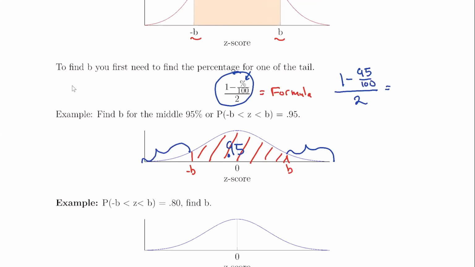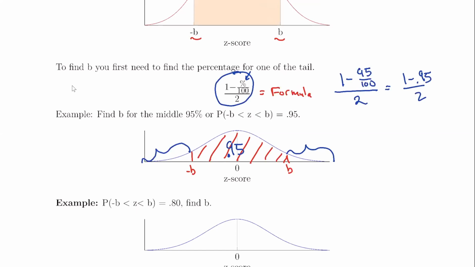What's 95 divided by 100? 0.95. So you do 1 minus 0.95, divided by 2.